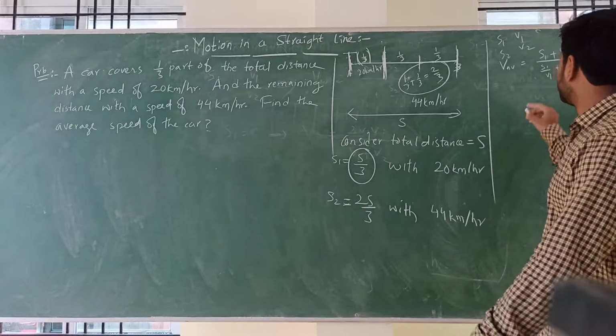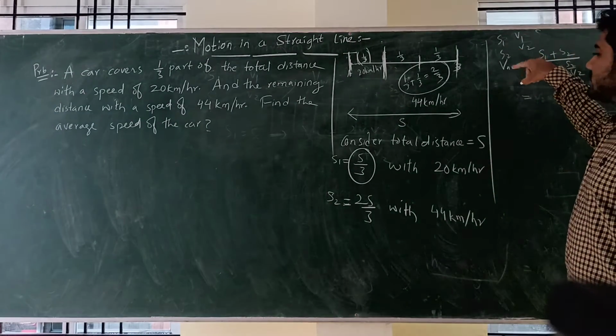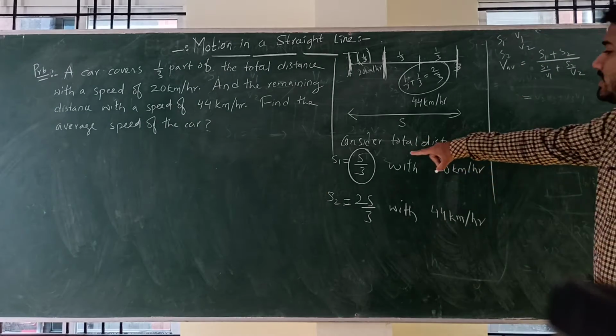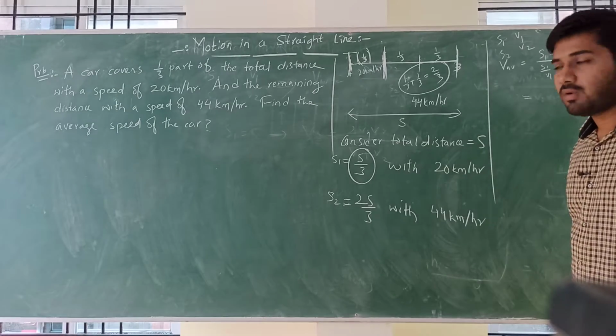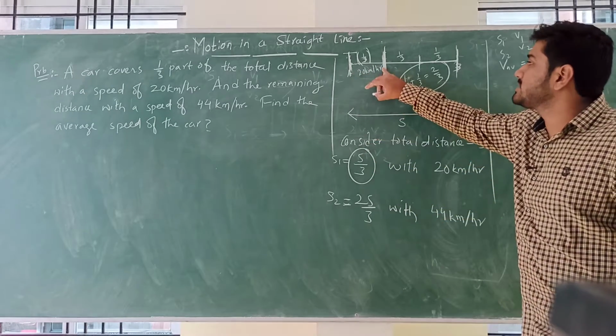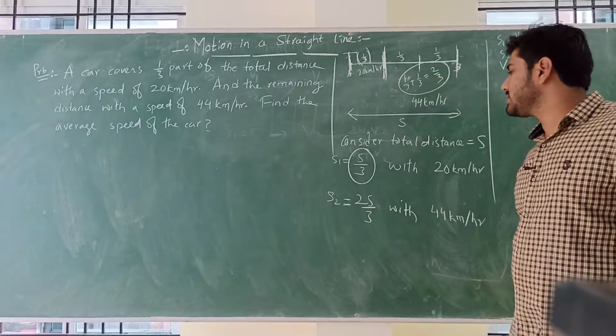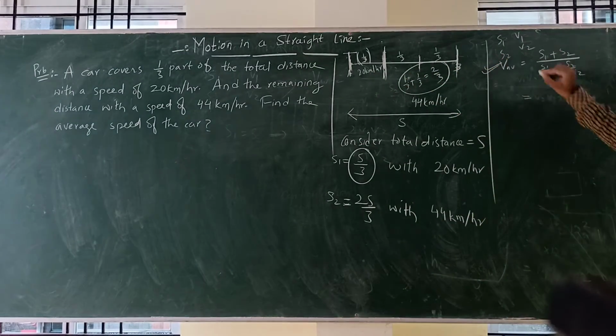If S1 is equal to S2, then there is a different formula. Here S1 and S2 are not equal, the distances are not the same, one is more and one is less. So therefore we have to use this formula only.